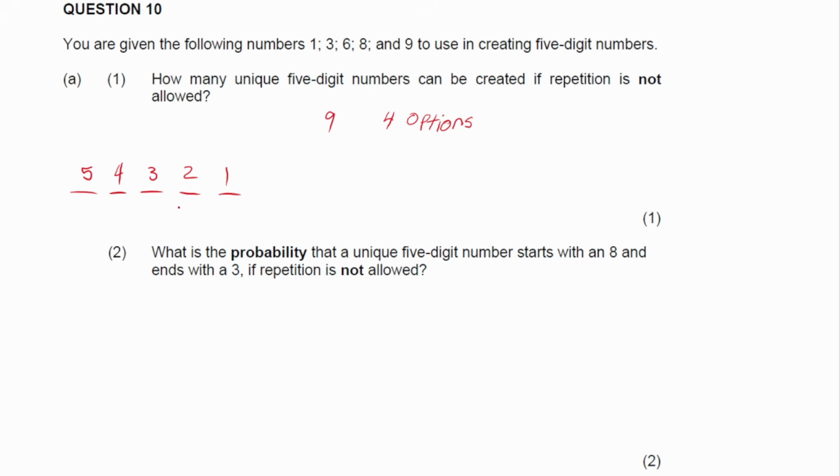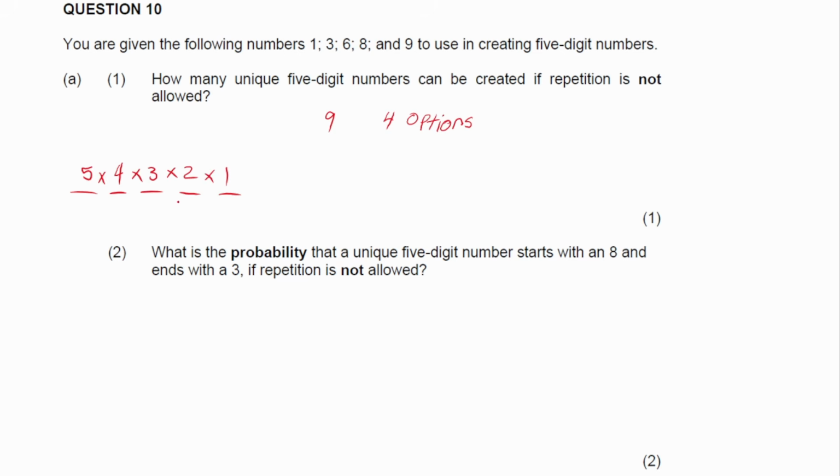Okay, so when you arrange them like this, because repetition is not allowed, if you use one number over here, that means now over here you're left with 4 other possible numbers you can put in. And then if you've used 2, you only have 3 left for the next position. Okay, so this is what we do over here.